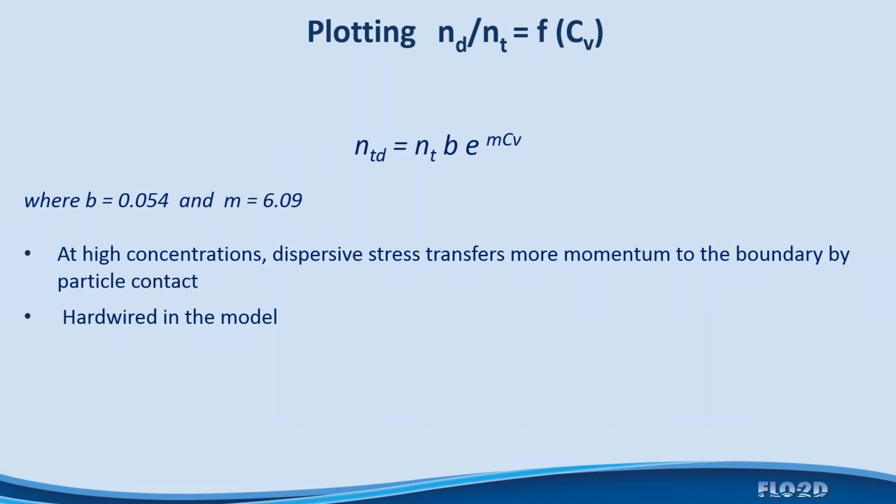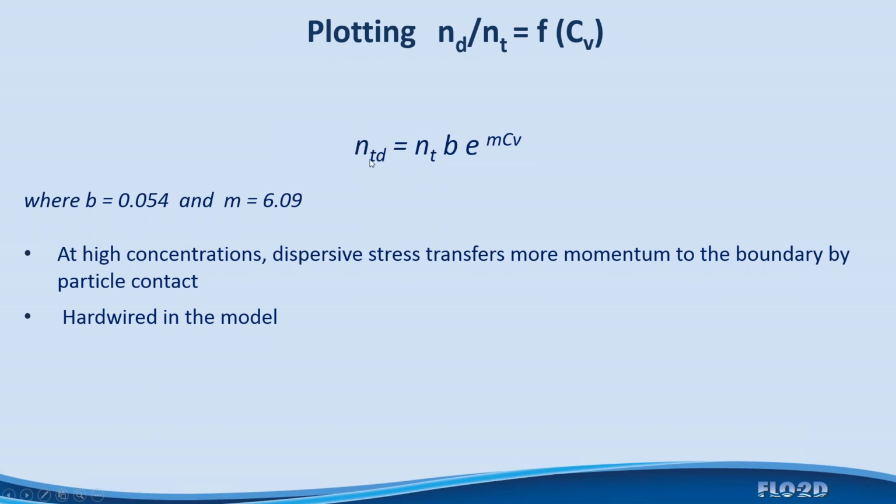So I plotted this and made a relationship where the turbulent dispersive is a function of the turbulent n value. So this is inherent. Now I embedded this in the model. So again, there's nothing for you to do here.